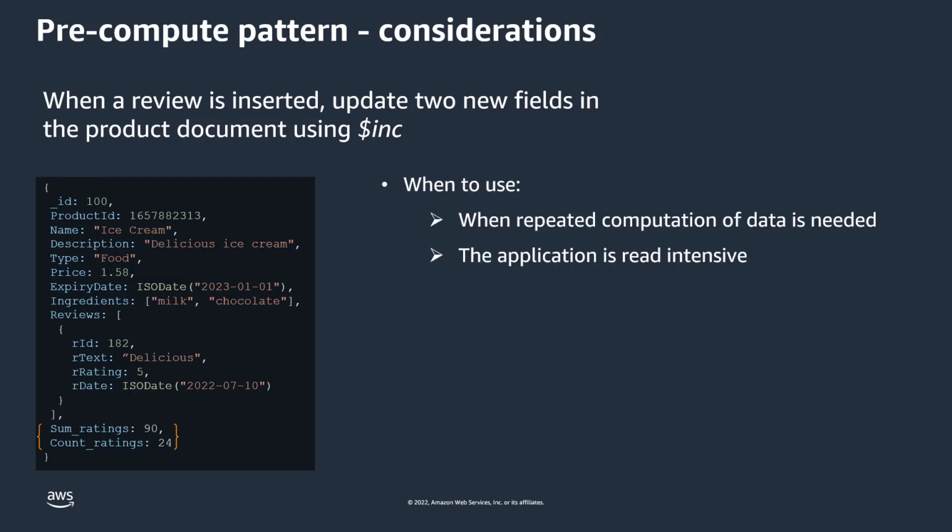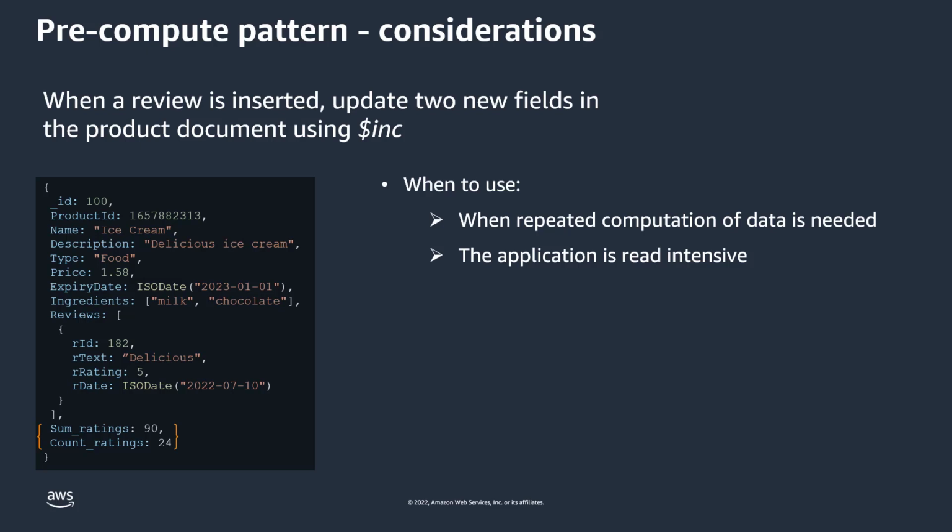Of course, this is a simplified example, but the computed pattern can be utilized whenever calculations are needed to be run against data. Whenever you're doing sums, grouping, aggregations in a repeated fashion or very often, or when the application is read intensive.